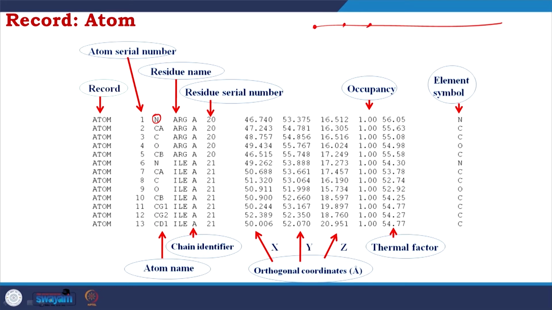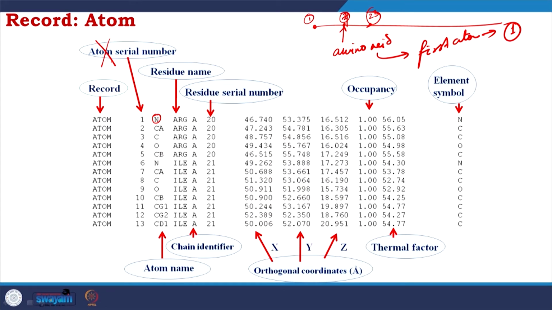Anywhere it starts, the first amino acid's first atom has atom serial number 1, but when you come to residue serial number, for this it is 1, for this it is 2, for this it is 23, in that way. So, if you want to know whether the protein is fully crystallized or not, you cannot check the atom serial number, you have to check the residue serial number.